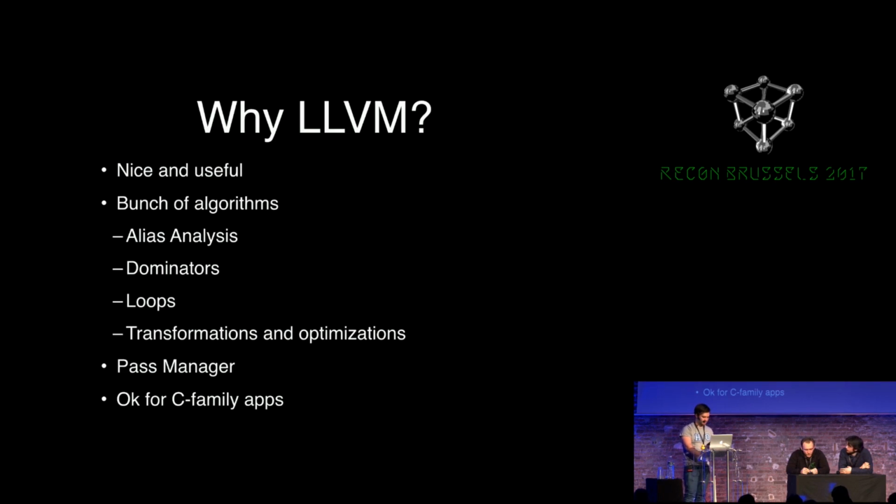Moreover, we can run multiple analyses built into LLVM for program transformations and optimization, including the alias analysis, many of them, dominator tree builders, loop analysis, and other transformations and optimizations. Also, we have much experience with this representation, so LLVM was the perfect match for us.